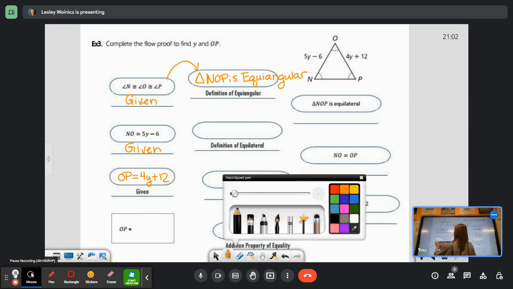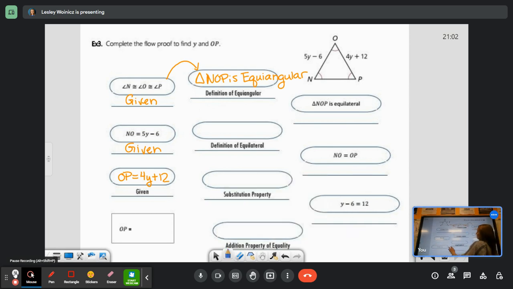Next, we know that if it's equiangular, it has to be equilateral. And you can write this as: equiangular triangle makes an equilateral triangle.